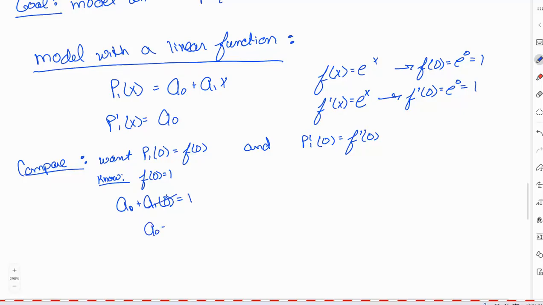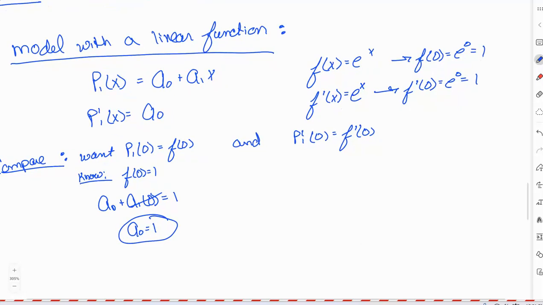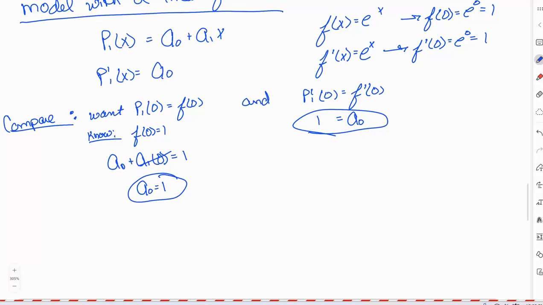So that means a naught has to be equal to 1. And then if I were to look at that second condition, p prime at 0 has to equal f prime of 0. So p prime has to equal a naught. So a naught would be equal to that derivative, which would be f prime of 0, which is equal to 1. So you see how we're getting out a 1 for a1 and for a naught.